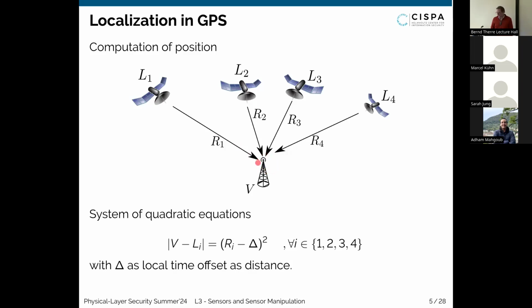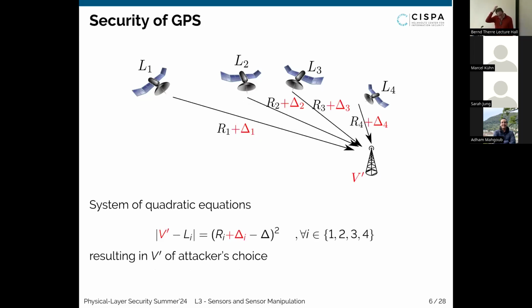Or then in the more interesting attacks that we looked at in our research a while ago, we wanted to see how possible it is to manipulate GPS in the sense of taking control over what the location fix of the victim would be. In this setting, we want to achieve an attack where the attacker is able to add or remove certain distances from these pseudo ranges. And by having these offsets, we could shift the location fix that is computed by the victim.